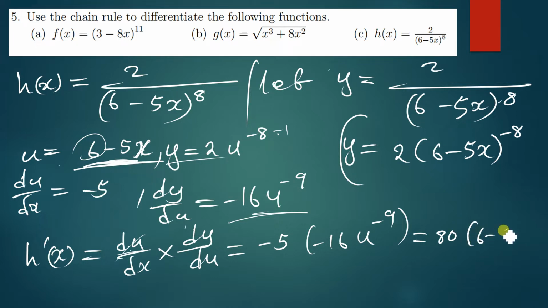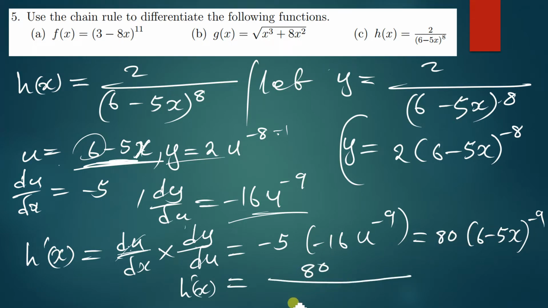So we say 6 minus 5x raised to the power negative 9. So this h prime of x can therefore be written as 80, open brackets, okay? Since there's a negative on the power, it means that it can be a denominator. So we say over 6 minus 5x raised to the power 9. So this is the solution for that last part.